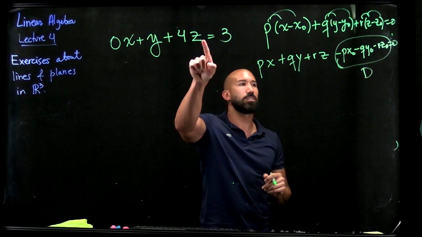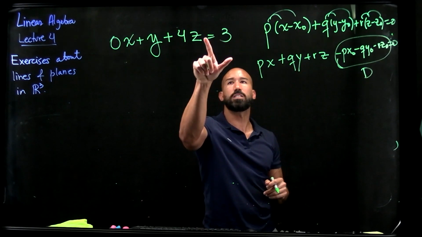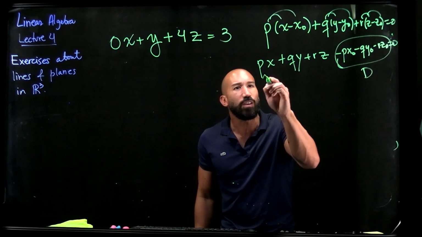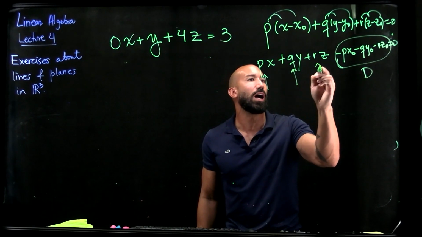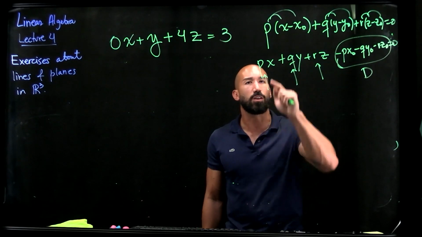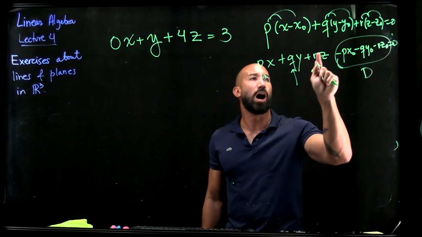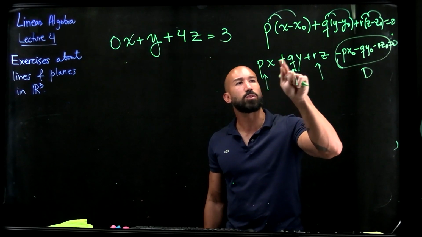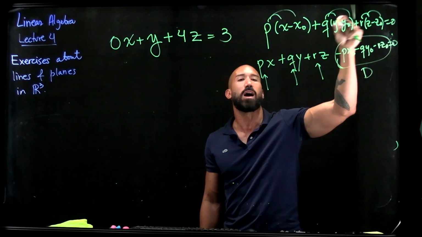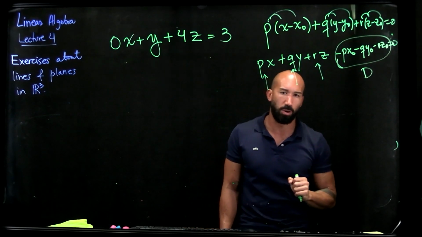In my case, since I'm writing on this side, it's going to be minus 3. Okay? But look at the coefficients of x, y, and z. The coefficients of x, y, and z are exactly the components of my normal vector.